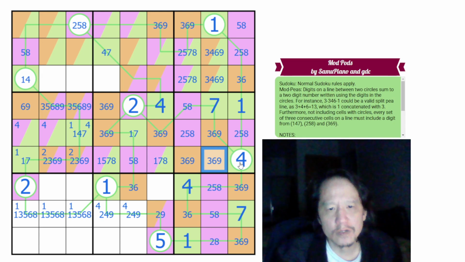Okay, so this adds up to 24. This adds up to 21 or 12. This is 12. 24 here. Can this ever be 3 and 6? If this is 3 and 6, that adds up to 9 plus 7.